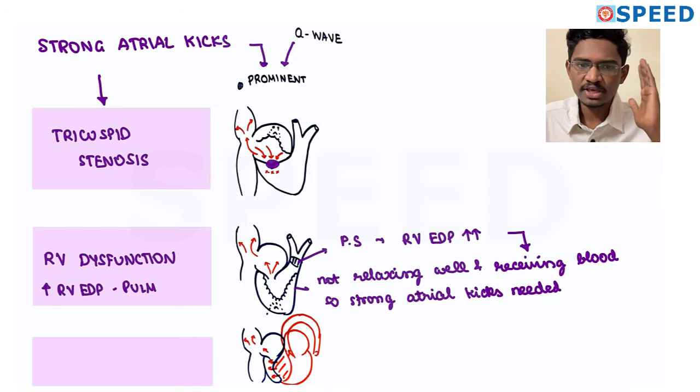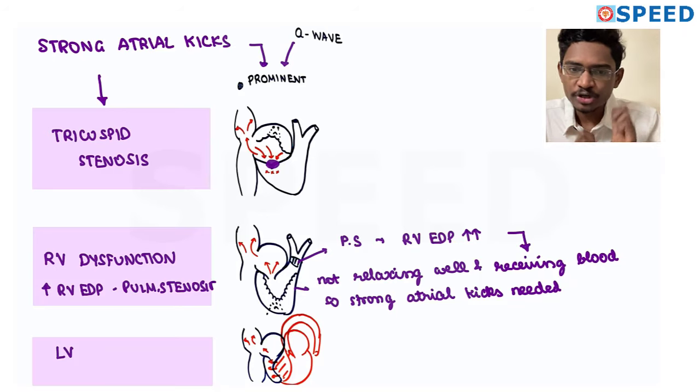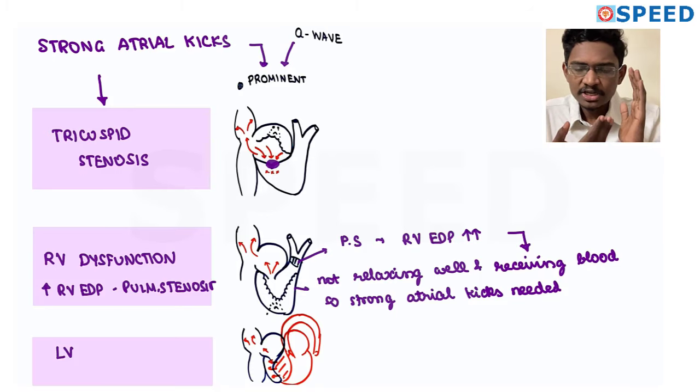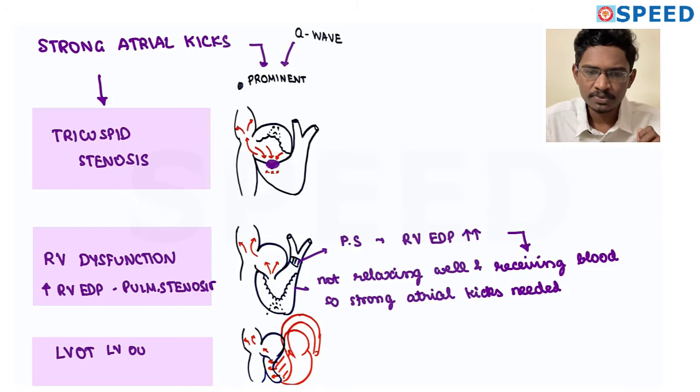So any cause of increased right ventricular end diastolic pressure, or even left ventricular outflow tract obstructions like aortic stenosis and HOCM, will do this. Due to hypertrophy of the septum, it will compromise the right ventricular cavity, so the right ventricular cavity is diminished.